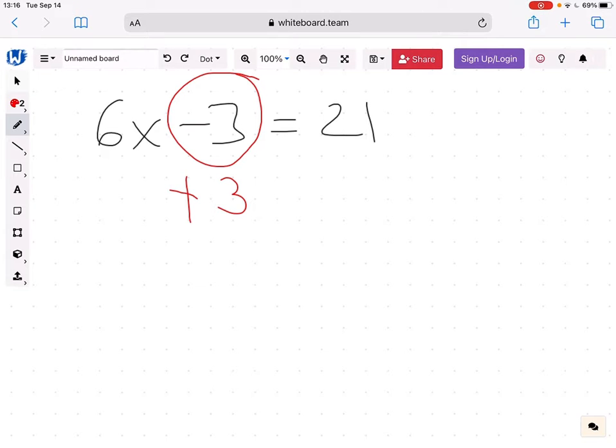But here's the important thing about equations. We can't just add or do something with one side of the equation. You should never do it. If you do anything with one side of the equation, and by anything I mean add a number, subtract a number, multiply by a number, or divide by a number, as long as it's not 0, you should do exactly the same thing to the other side, the right-hand side.